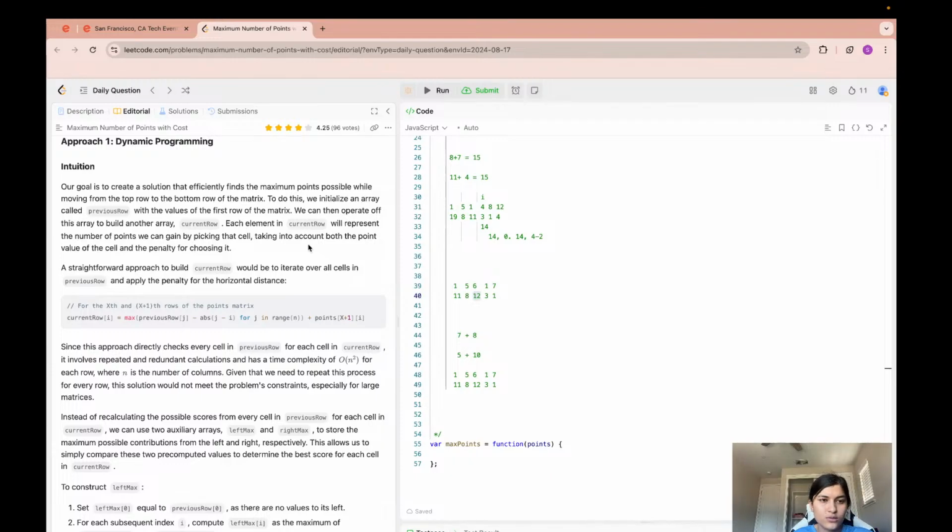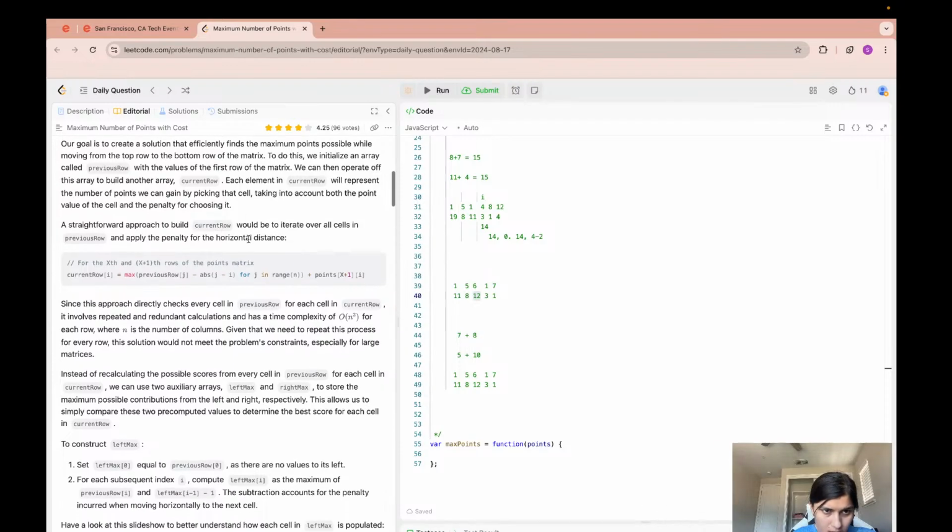Our goal is to create a solution that finds the maximum points possible. So previous row holds the values of the first row of the matrix, and then each element in the current row will represent the number of points we can gain by picking that cell, taking into account both the points of the cell and the penalty for choosing it.